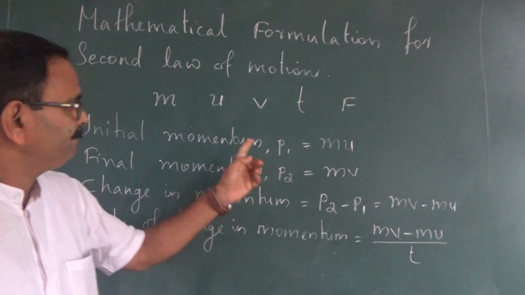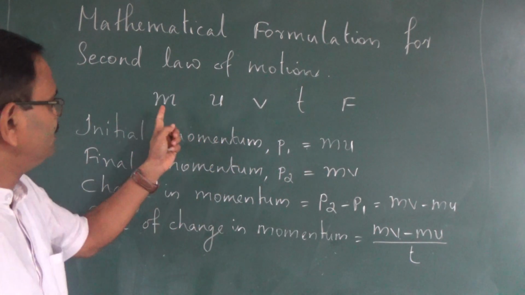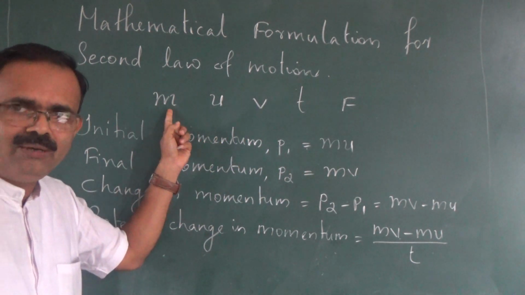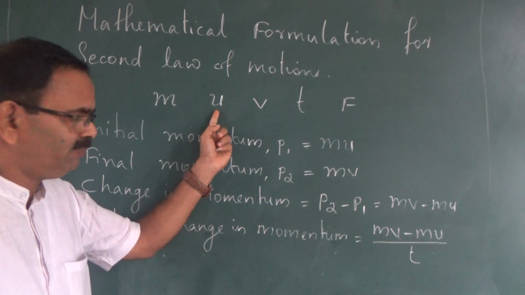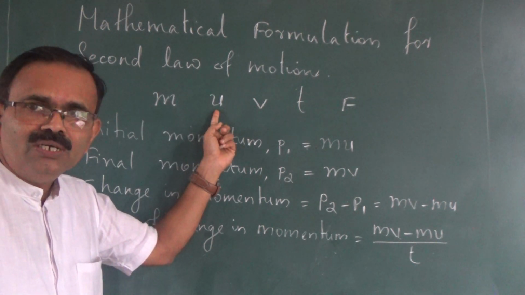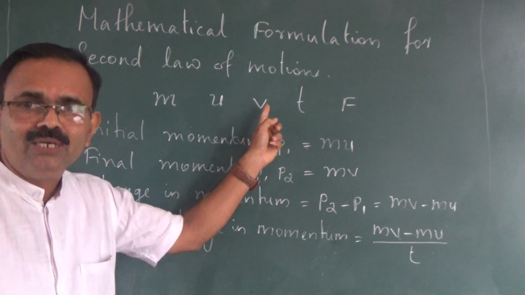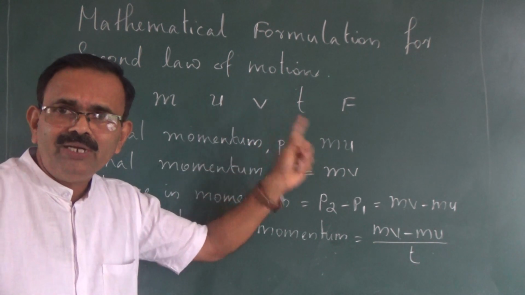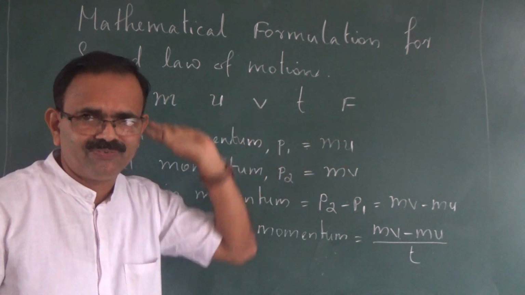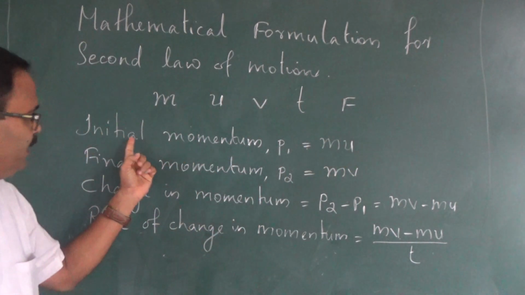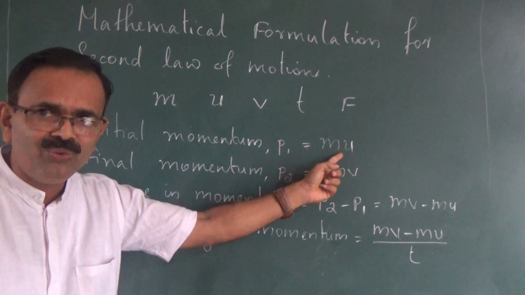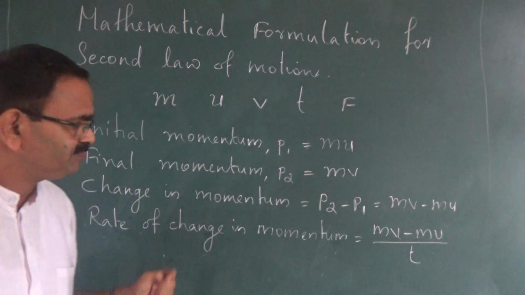Once again see, an object of mass m moving with initial velocity u is uniformly accelerated to velocity v in time t by the application of a constant force F. So initial momentum is mu, mass into initial velocity.